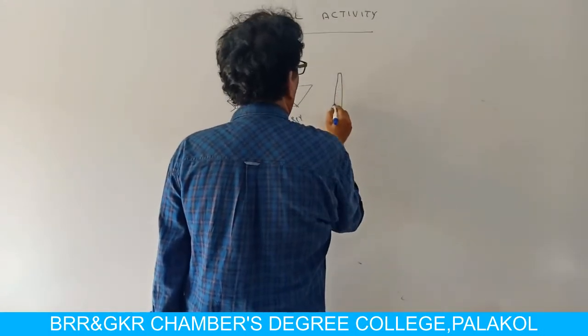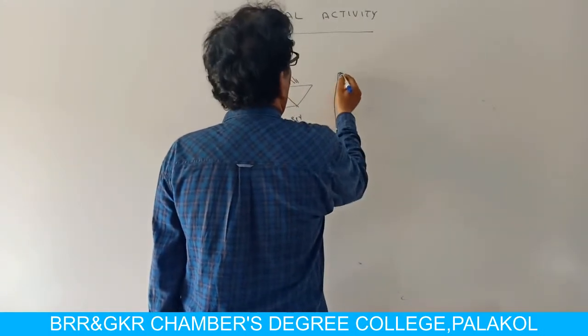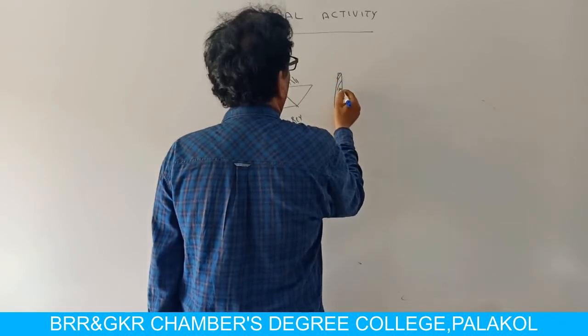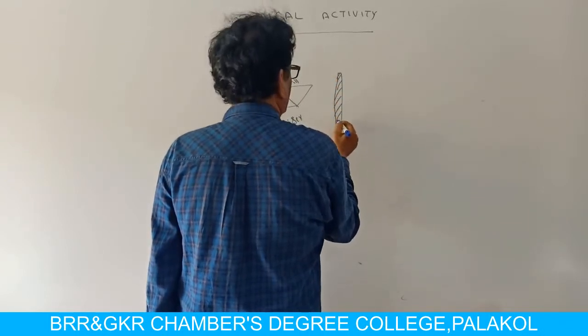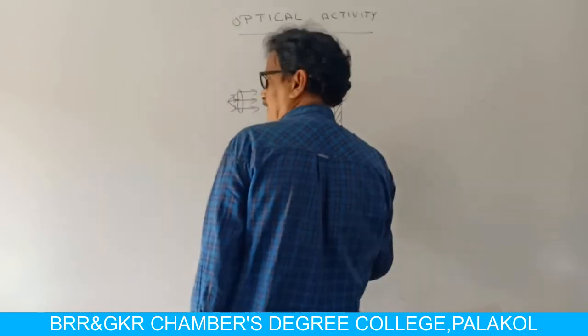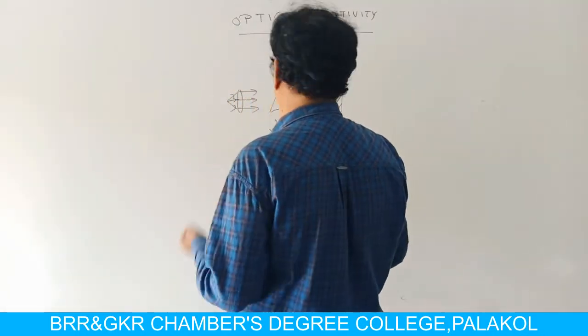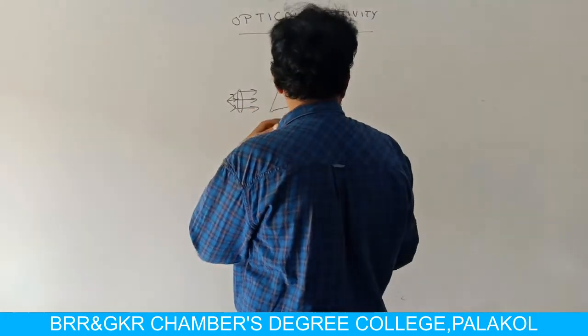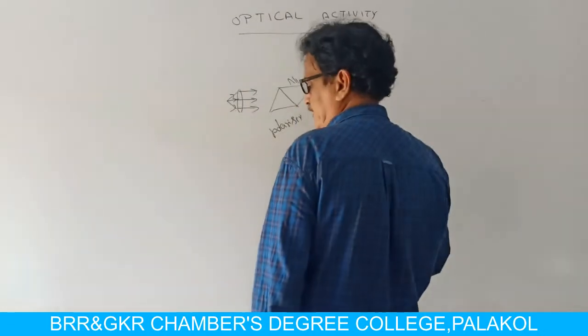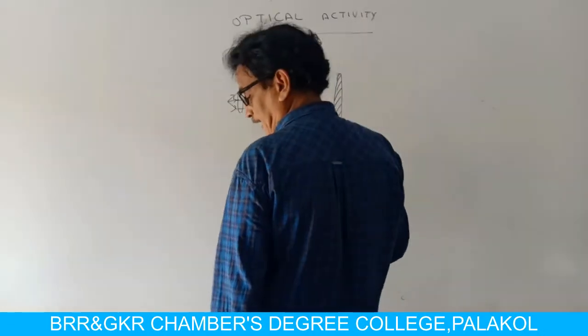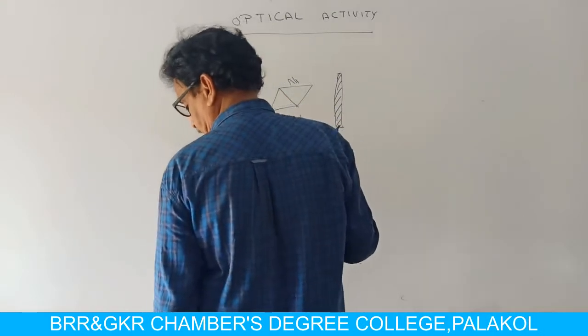In front of this polarizer, a half shade is placed. The half shade is used to measure the angle of rotation with high accuracy.